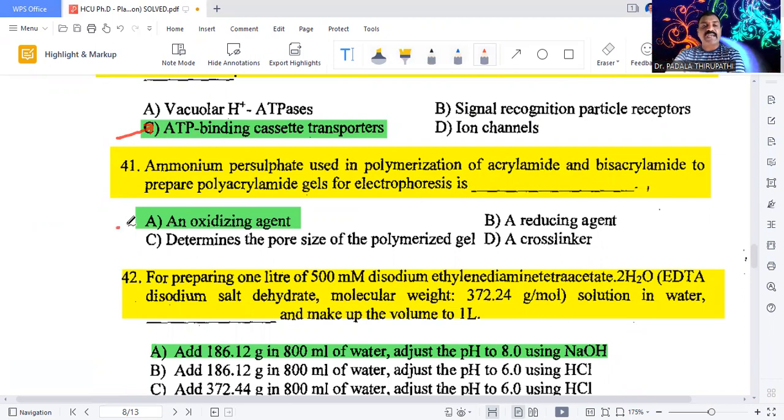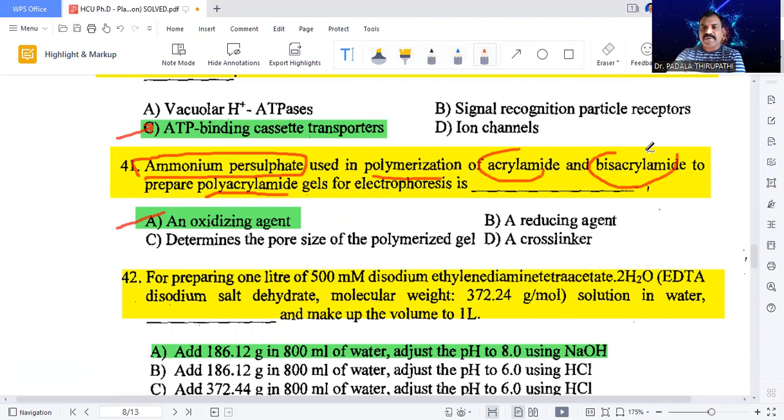That is an oxidizing agent. So ammonium persulfate is used as an oxidizing agent.